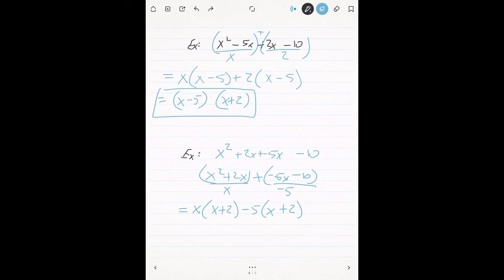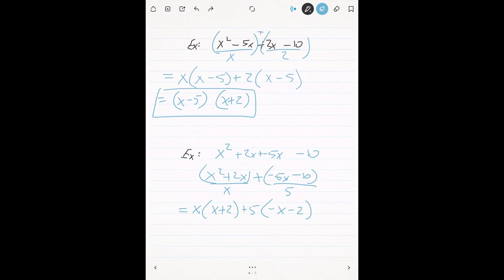So this is what happens when I factor out a negative GCF. If I didn't do that, right? If I factored out a positive 5, I would have been left with a negative x and a negative 2. And I would have been stuck because these are not the same thing.